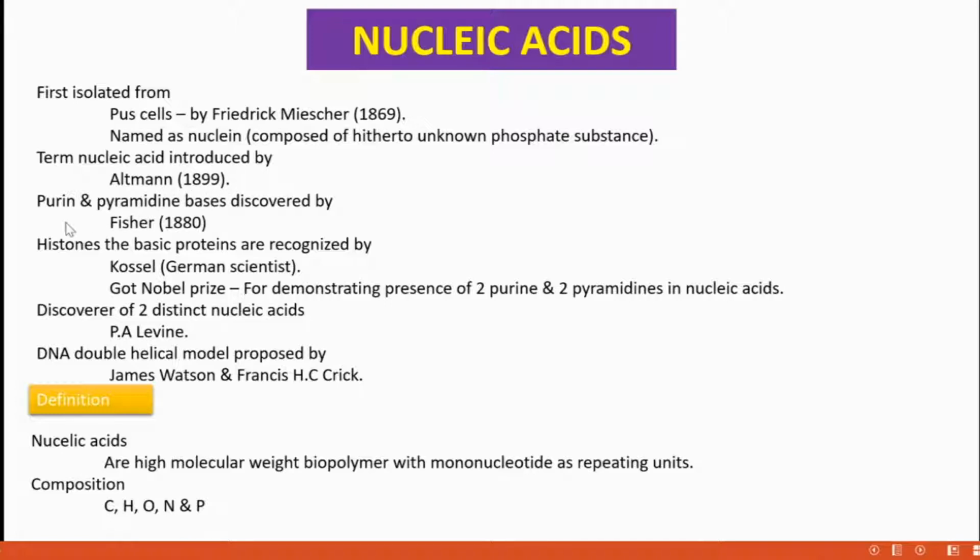Then purine and pyrimidine bases, two types of bases, were discovered by Fischer in 1880. And next, histones.